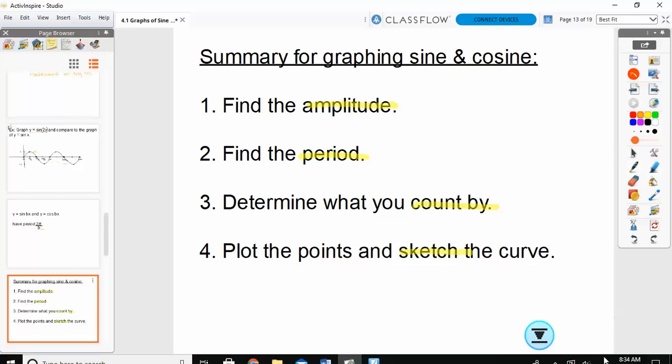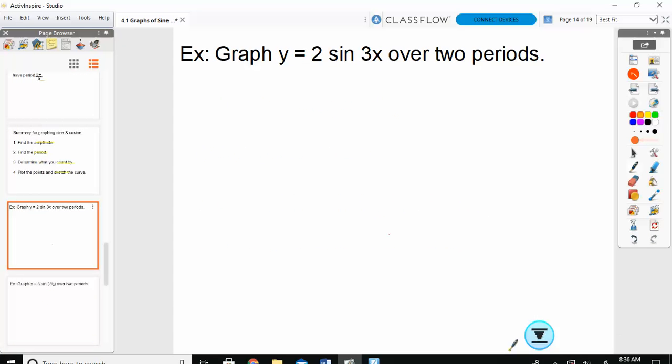We will do all of this without making the t-chart, just based on what we know of the graphs of sine and cosine. We are going to graph y equals 2 sine of 3x. So my first question is amplitude. Can you tell me what the amplitude is here?